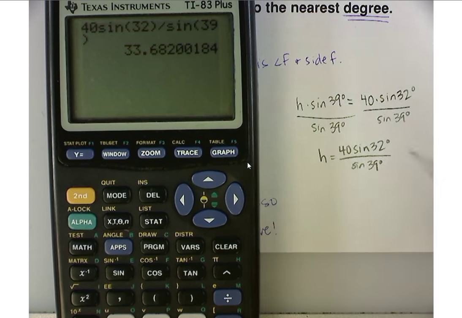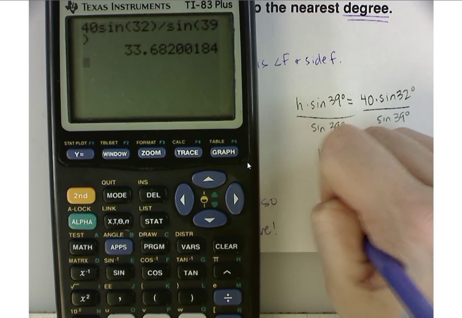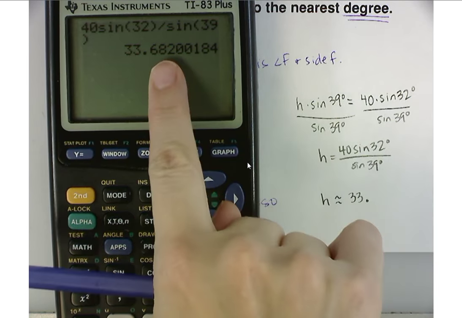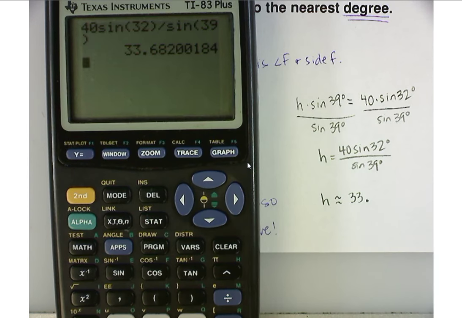Okay, now this is a side length, so it said to round to the nearest tenth. So 33 point, see how it's 6/8? So that's going to bump it up to 7.